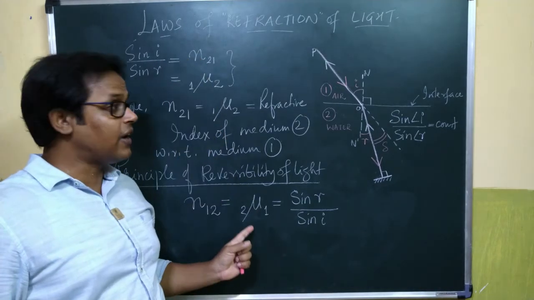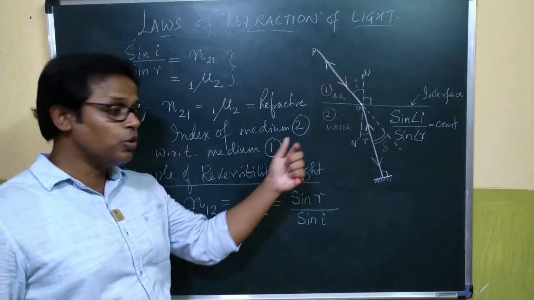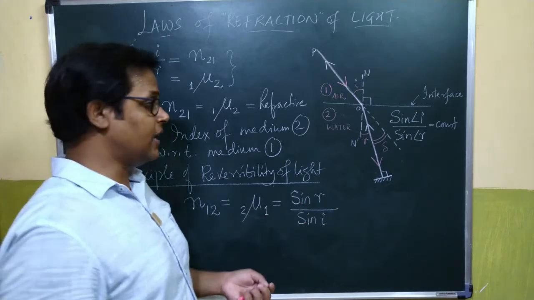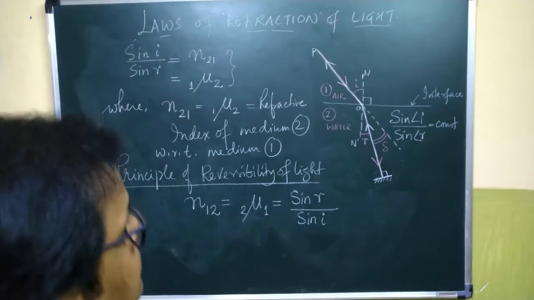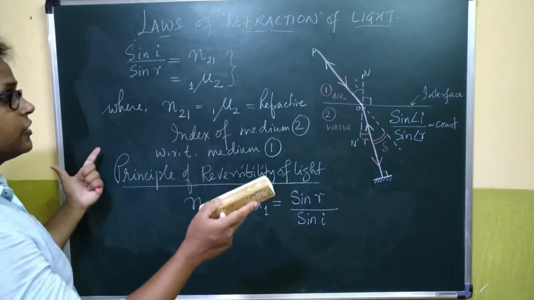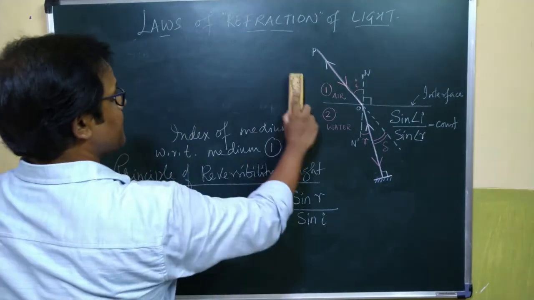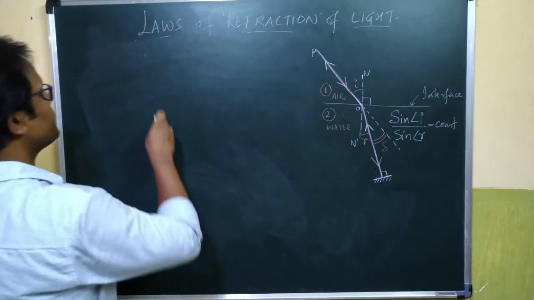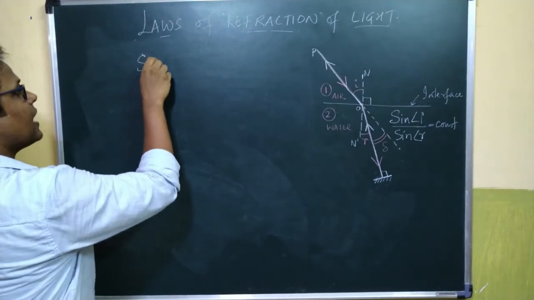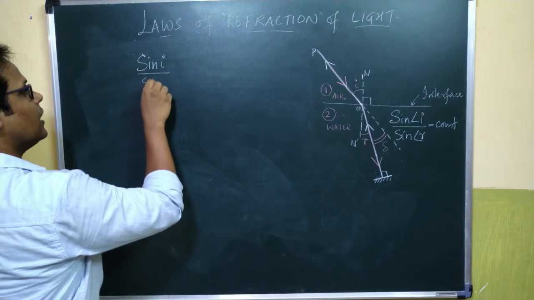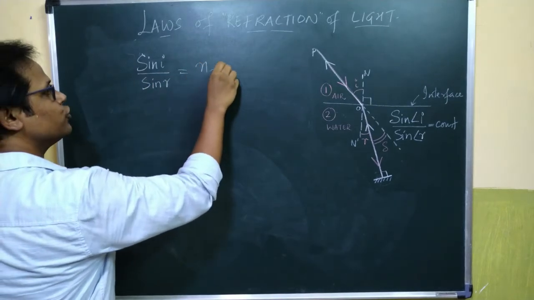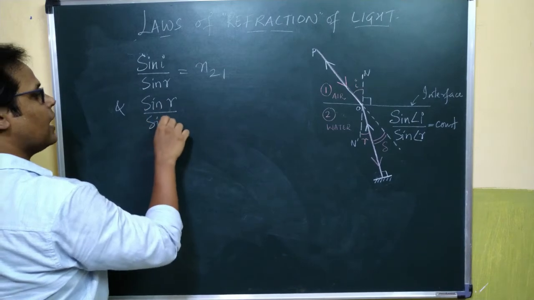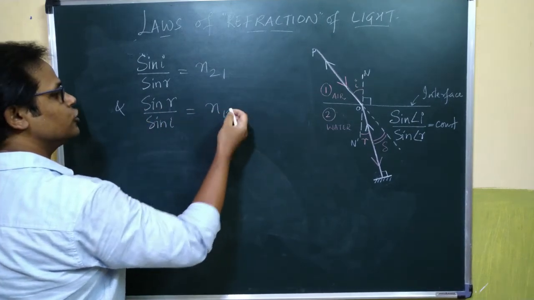If you are calculating the refractive index of 1 with respect to 2, by the principle of reversibility of light, it should be sine r by sine i. So you can easily see it. If I just rub off this space, you'll see that sine i by sine r gives me n21, whereas sine r by sine i gives me n12.